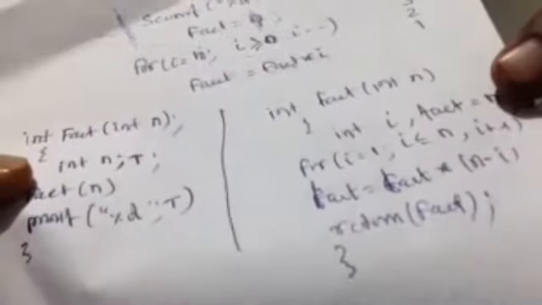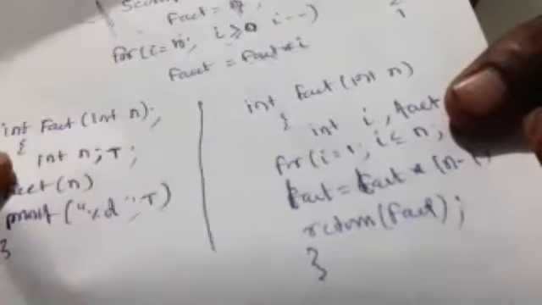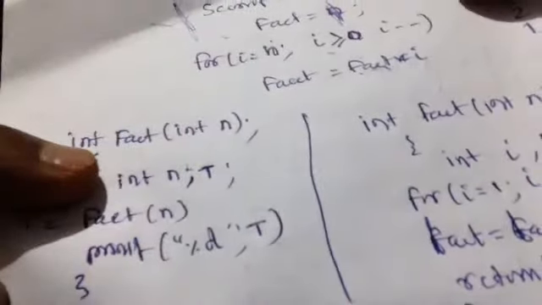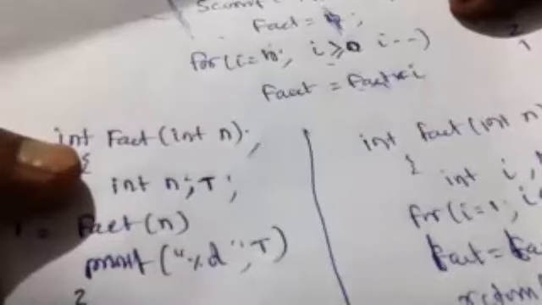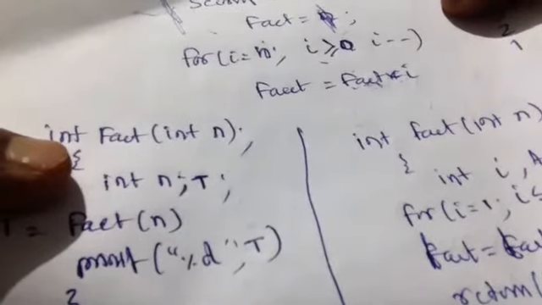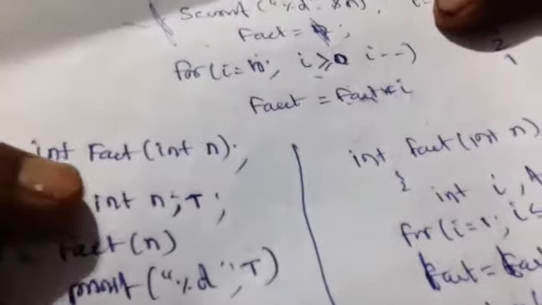In this case, this is called function. We have a semicolon. Definition or declaration? Declaration. Okay, we have a semicolon.